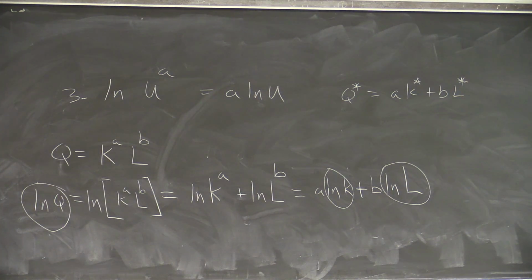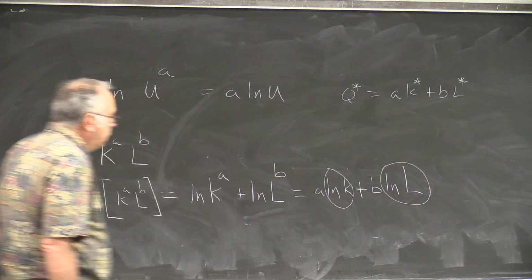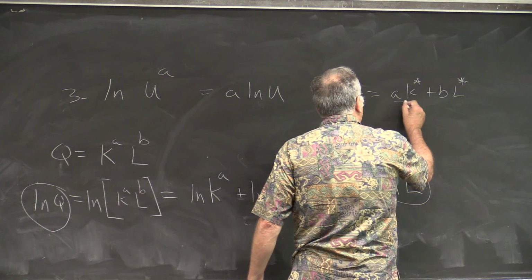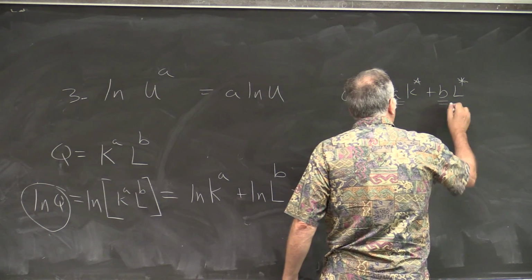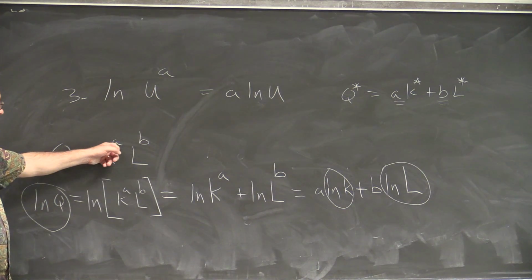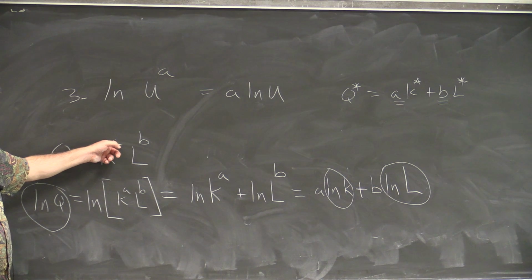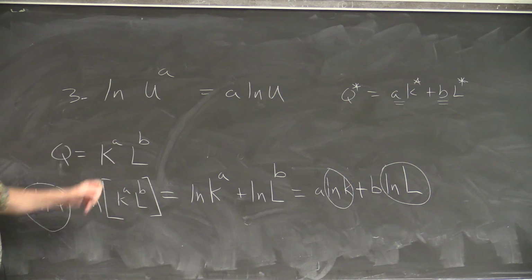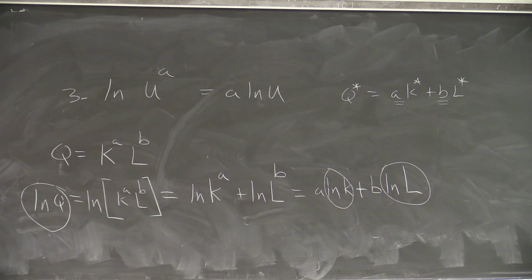So if you measure Q, capital, and labor in natural logarithms, you could just run a linear regression. And your linear regression would give you coefficients on K star and L star. And those coefficients would be the exponents of the Cobb-Douglas production function. All right, so it's an illustration of the use of those rules.